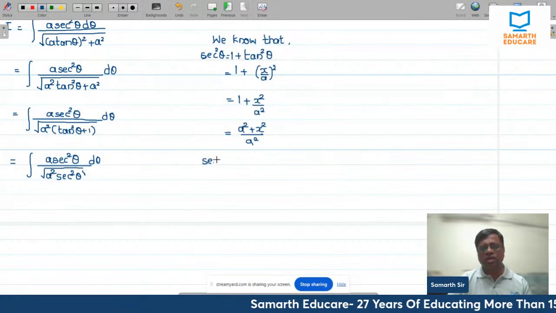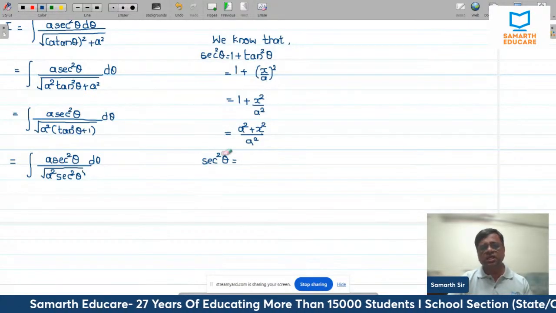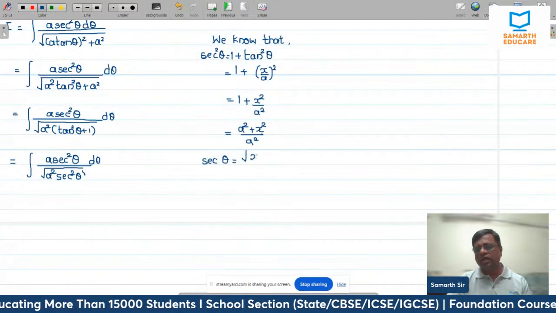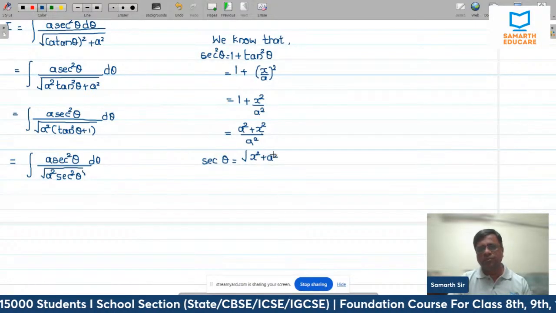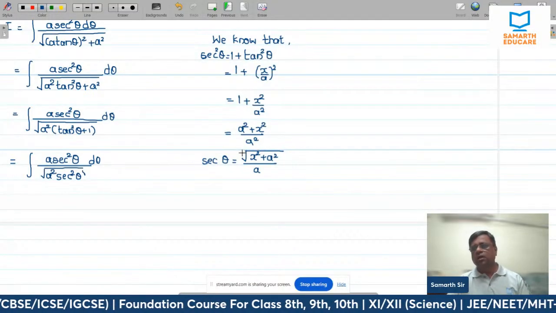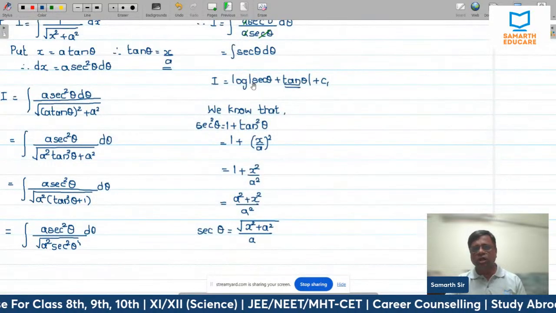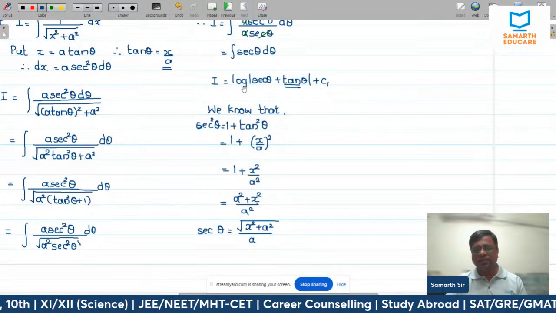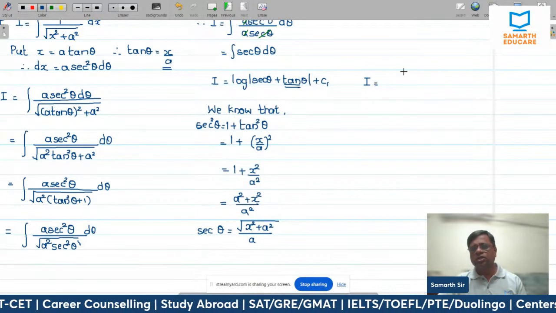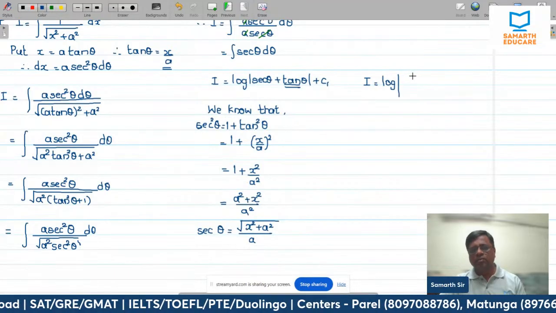All right, let's do this. Sec square theta is this. So what will be sec theta? In this case, sec theta will be root of x square plus a square divided by a square, the root of a square is a. All right, now have a look at this. This is your answer, sec theta plus tan theta. All right, now I is equal to log of sec theta plus tan theta.